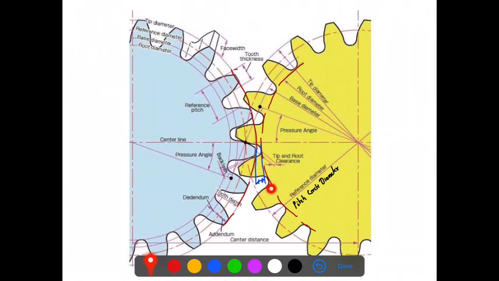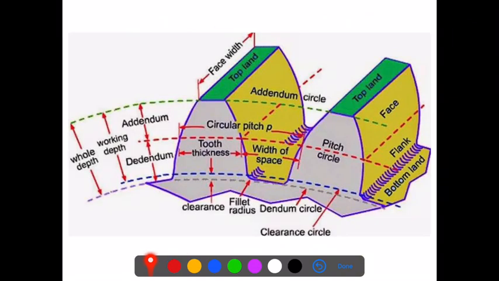This is called a clearance, and it is necessary for the smooth functioning and to reduce the wear and tear of the gear drives. And if you look at this particular diagram, the circle drawn through this clearance is called a clearance circle.